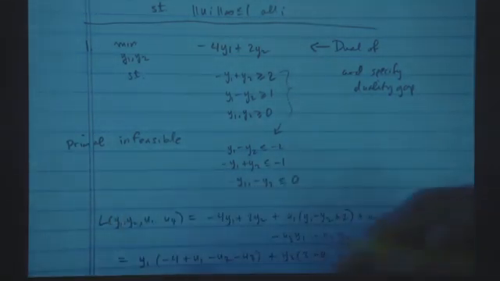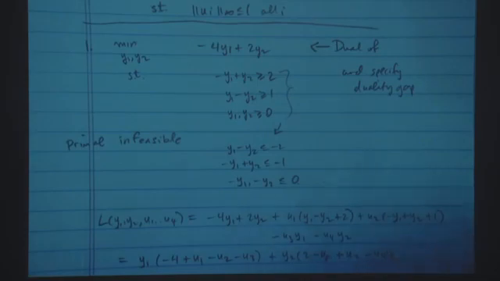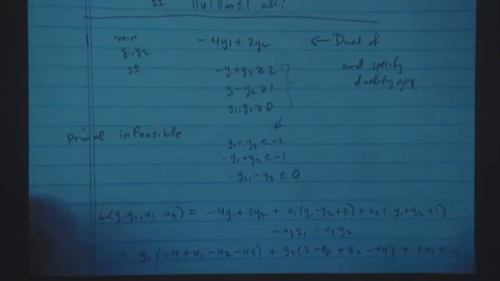And then I have to remember that I had a few U's that were hanging around that didn't multiply any Y's, right, like this one, plus 2U1 and plus U2. Okay?